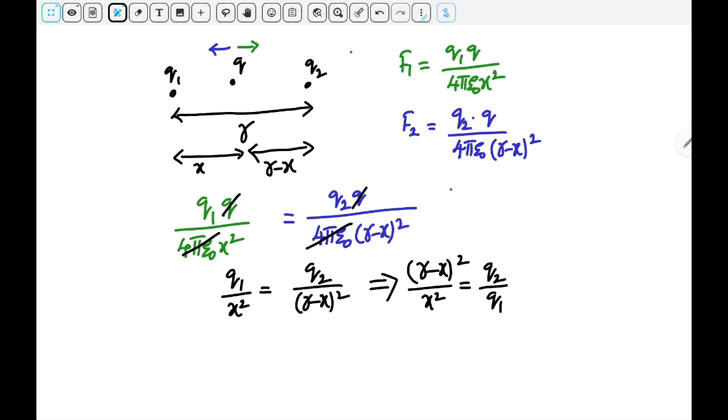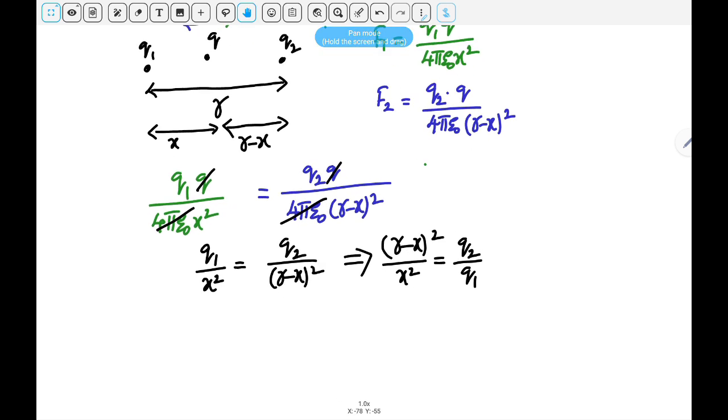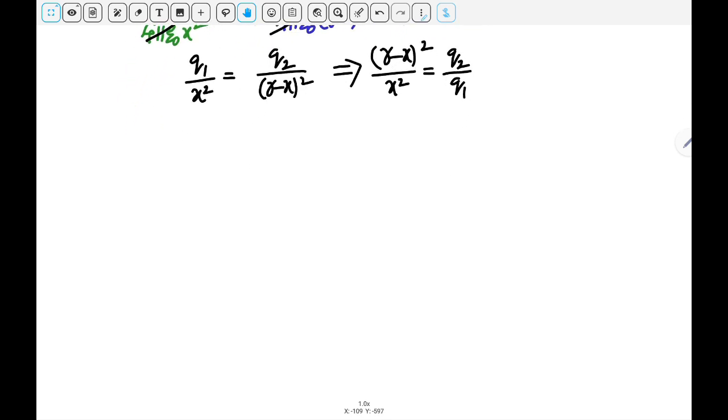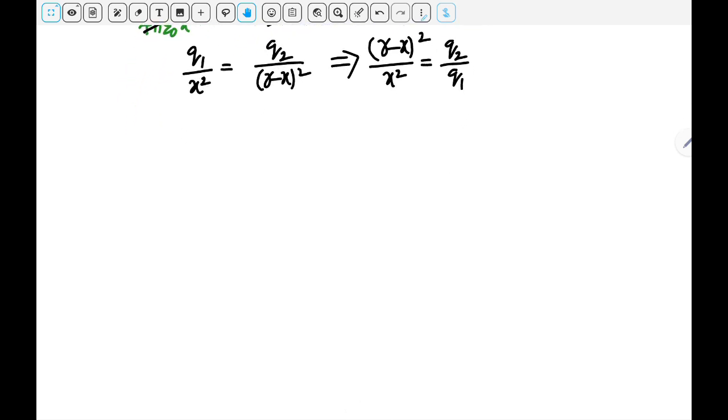Now in order to get the x value, I am applying the square root on both sides. When you apply the square root on both sides, the term on the LHS becomes r minus x by x, because square and root cancel out, is equal to under root q2 by q1.